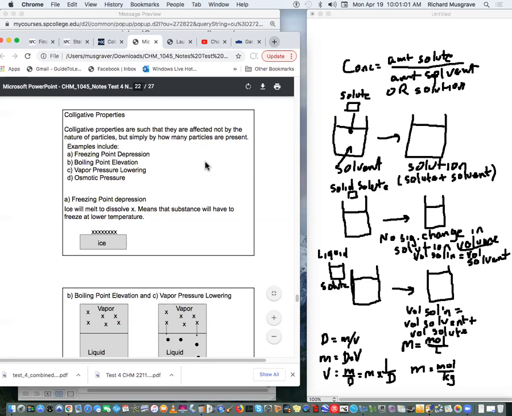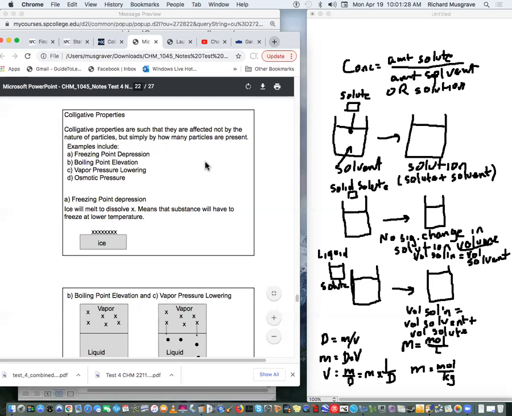Examples include freezing point depression, boiling point elevation, vapor pressure lowering, and osmotic pressure. These four properties of solutions are going to depend entirely on how much we have of something, not what we're actually dissolving as a solute.